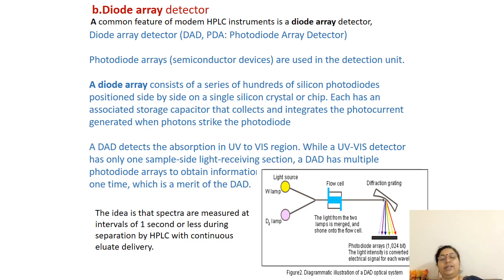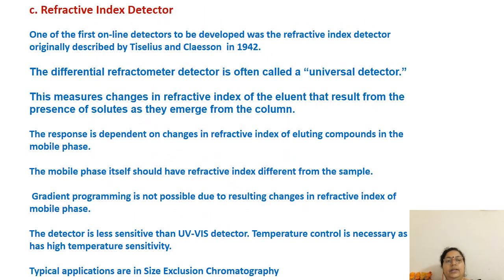So the advantage is the entire spectrum can be monitored at the same time. So we will get information over a wide range of wavelengths at one time, which is a main merit of the diode array detector.